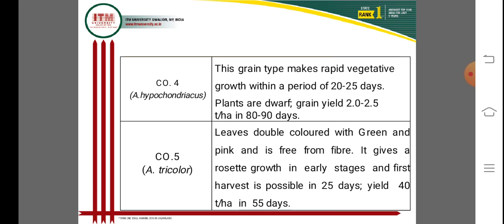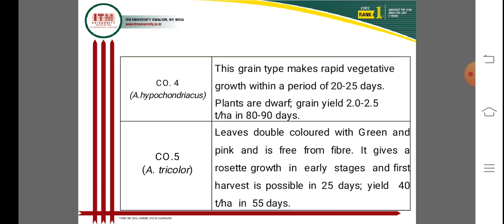The next variety is CO5, a tricolor variety from Amaranthus tricolor. The leaves are double colored, green and pink, and free from fiber. It gives robust growth in the early stage, and the first harvest is possible in 25 days, with a yield of 40 ton per hectare in 55 days.